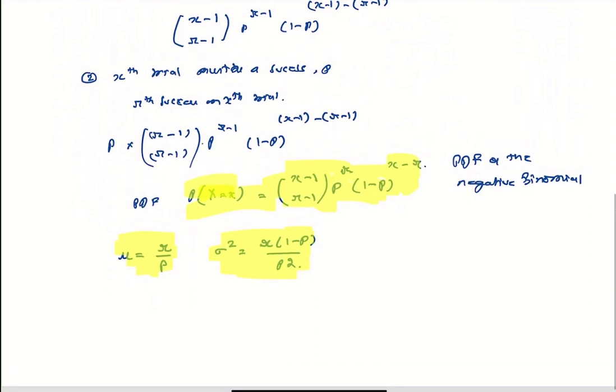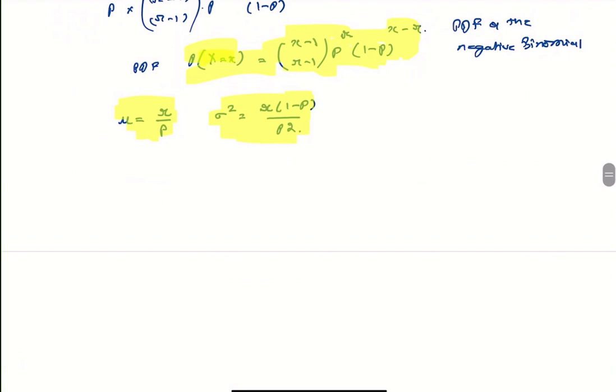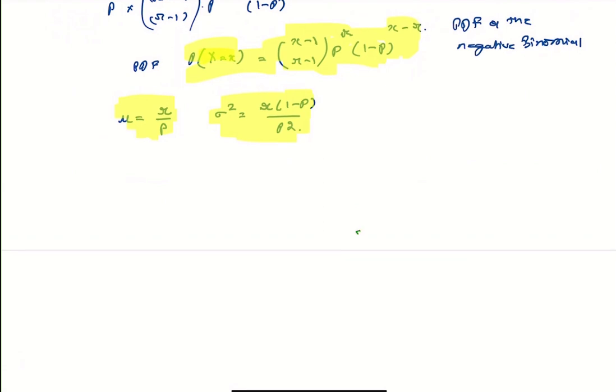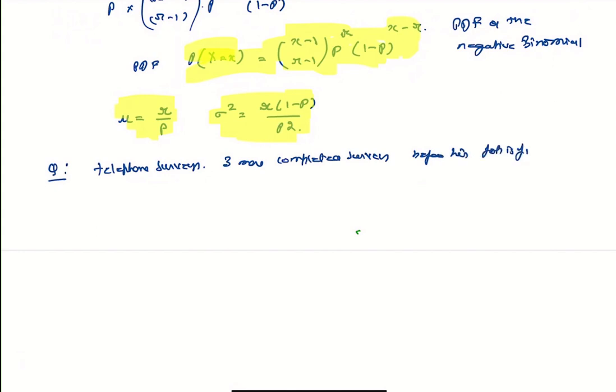Now let's do a quick question. So the question is, a person is conducting telephone surveys and he must get 3 more completed surveys before his job is finished.